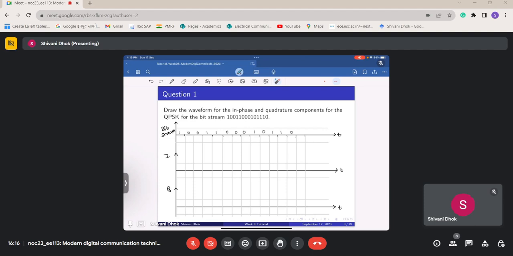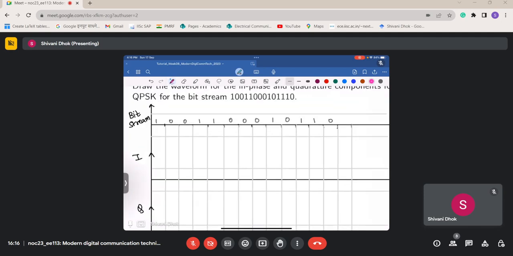Okay. So let us say that this 1 gets mapped to plus 1, and this 0 gets mapped to minus 1. So if we have this bit stream, which is given as 1011 00010111, and if we just use BPSK, then this stream will look something like this.